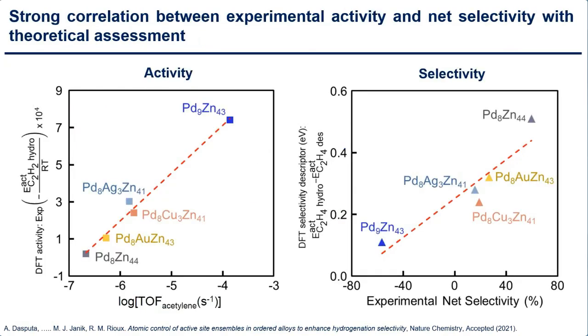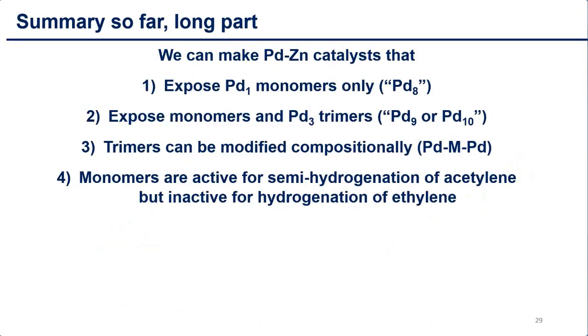And so this really summarizes the results between the experimental and computational agreement with regards to both activity and selectivity. So far what we've been able to demonstrate is that we can make these gamma brass palladium zinc catalysts.